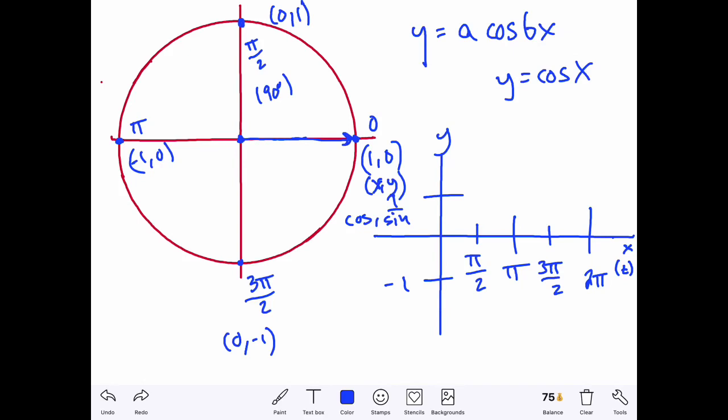Okay, so at 0, at time of 0 here, I'm at this location here, which is 1 comma 0. Well, if I'm looking at cosine here, now this graph below me, let's plot that point.